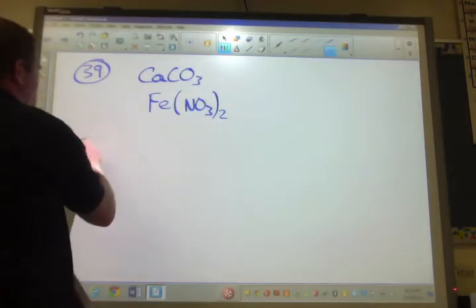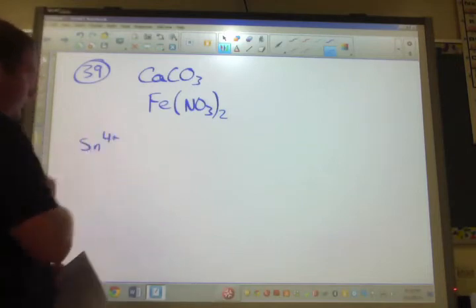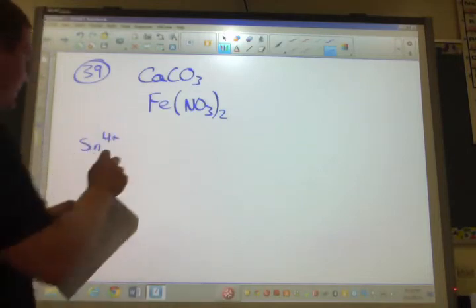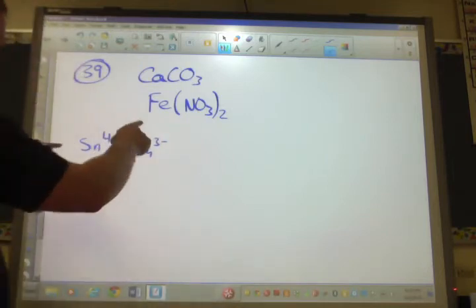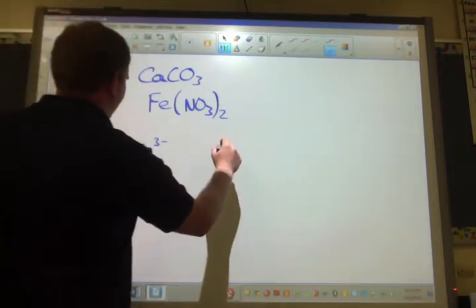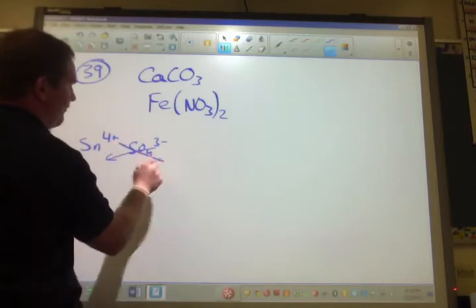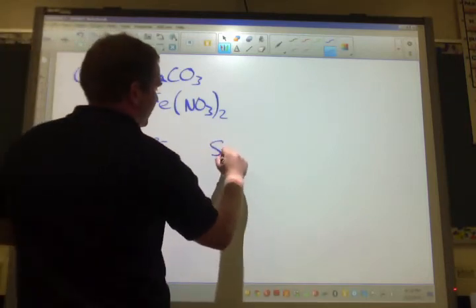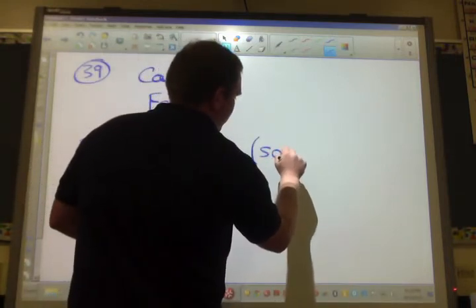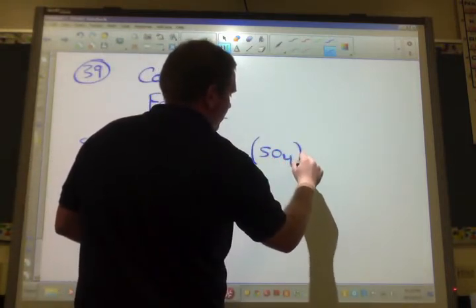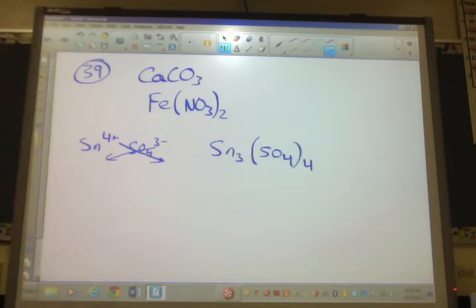So tin 4 is this. Sulfate is SO4 2-. Crisscross rule. So I'm going to have this 2 go down here and that 4 go down here. So it's going to be Sn2. Now I need parentheses. (SO4)4. Tin 4 sulfate.